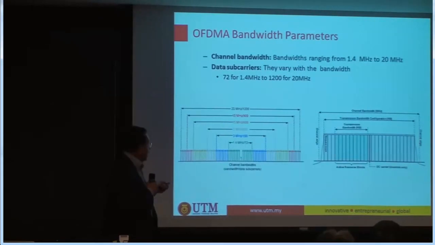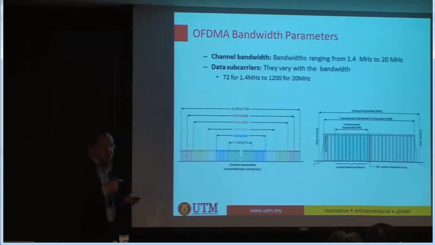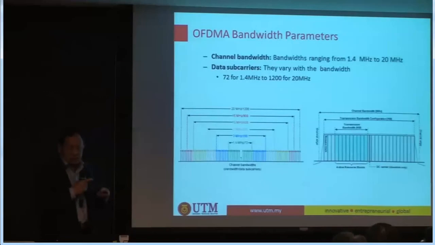For 10, maybe it is around 9.4, something like that. The transmission bandwidth will be a little bit less than the channel bandwidth so that it fits the channel, and because of the resource blocks inside, there is a cut edge or guard band between them. I remember a participant asking me about that question.